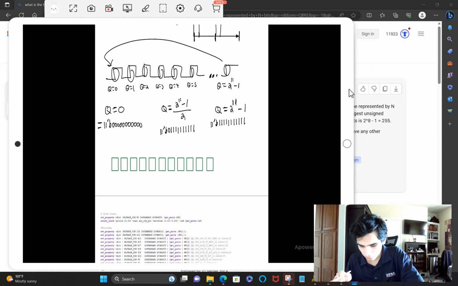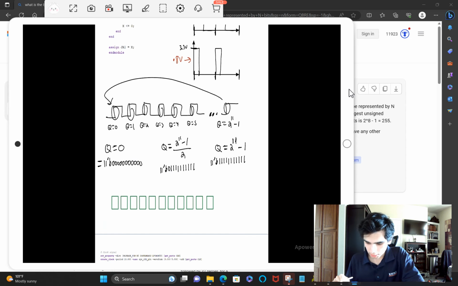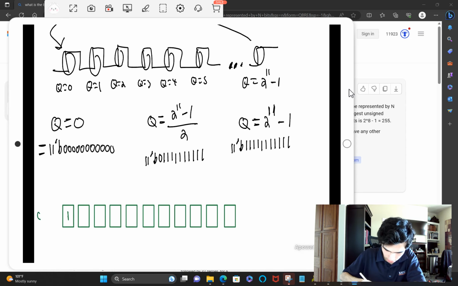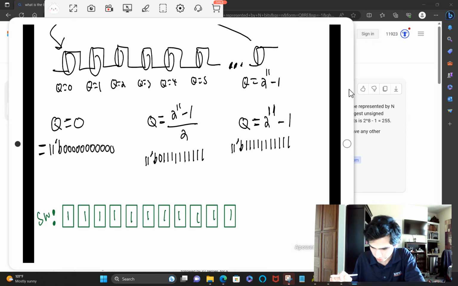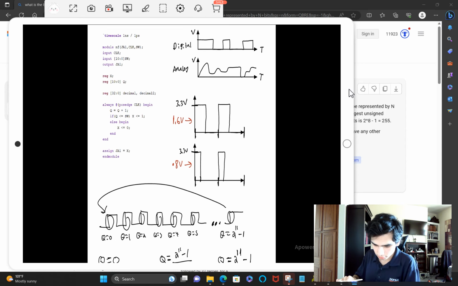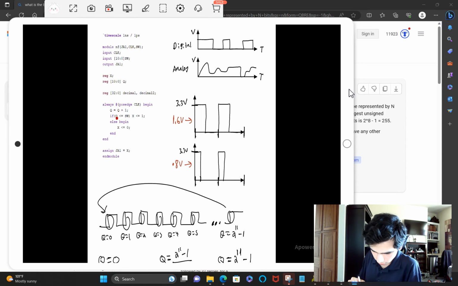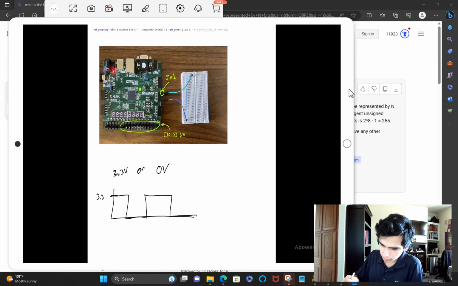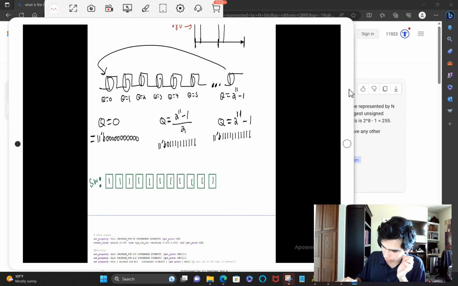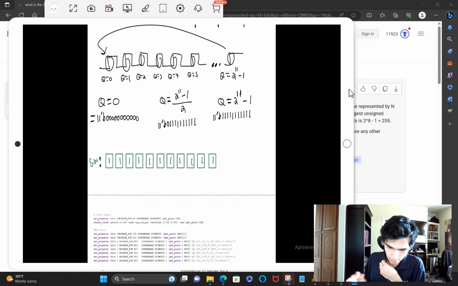So if we set our switch, this is SW, to be equal to all ones, then that means this if statement is going to be always true, since Q will always be less than or equal to the value switched, so X will always be equal to 1, meaning this here is always going to be outputting the highest possible value. It's always going to be 3.3.